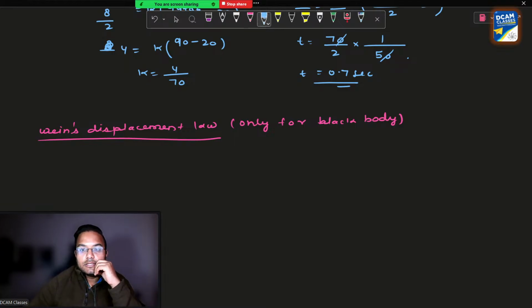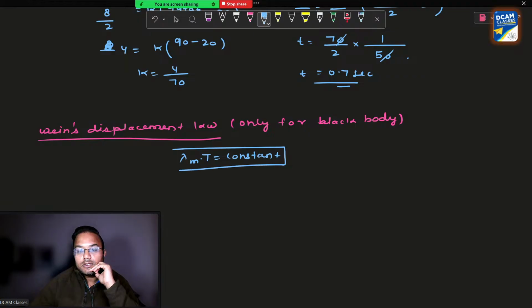In this Wien's displacement law, what they say is lambda m times T is equal to constant, where lambda m is the wavelength of the radiation.